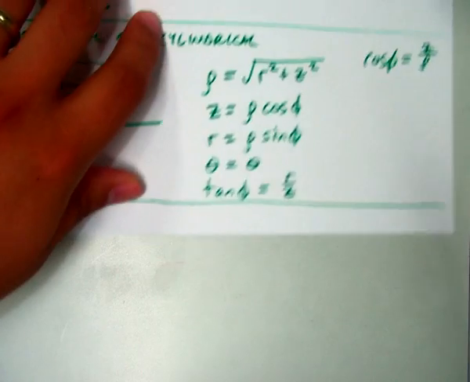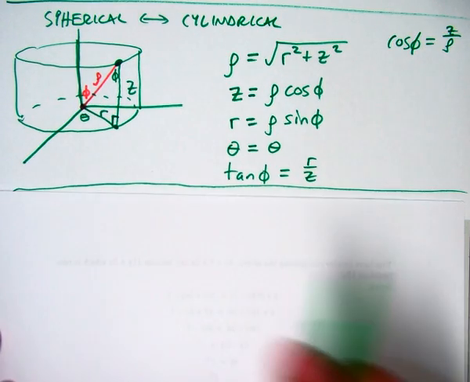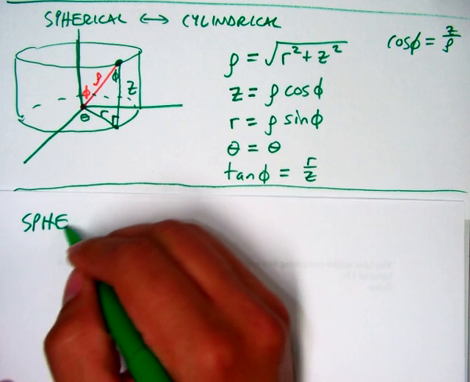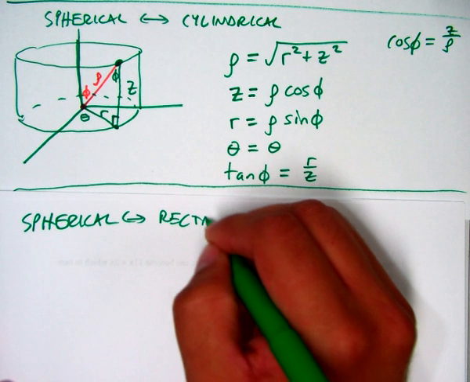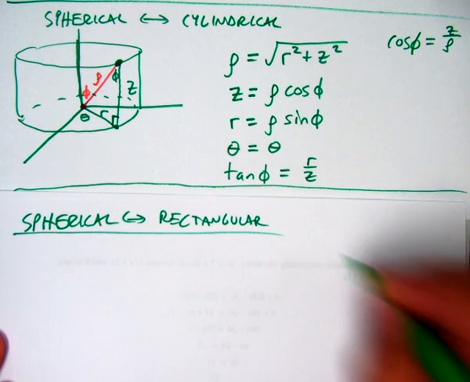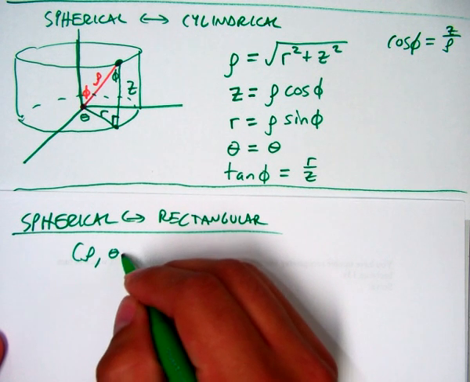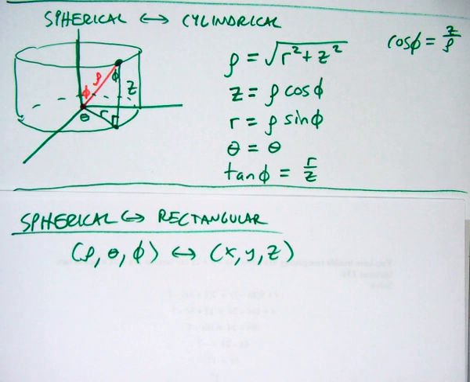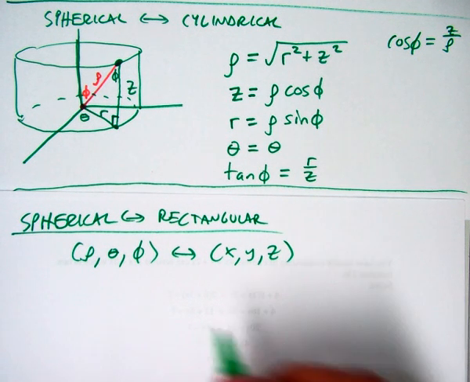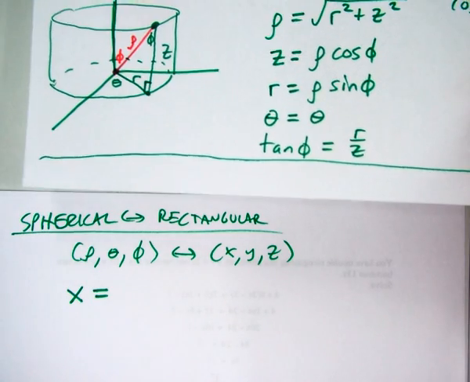If we have the other combination, spherical to rectangular, or vice versa, so we want to go back and forth between rho, theta, and phi and x, y, and z. If I want to know what x is, what we're essentially going to do is combine the formulas above.